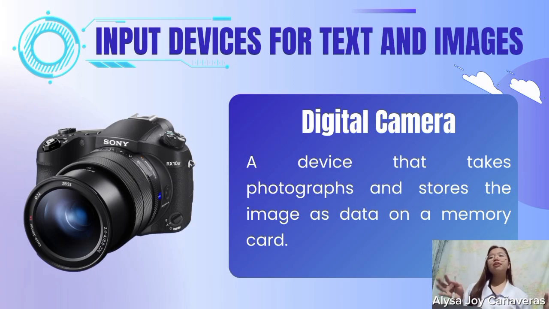The digital camera is also considered an input device for text and images because it is a device that takes photographs and stores the image as data on a memory card, and those images have data that could be stored on a memory card.